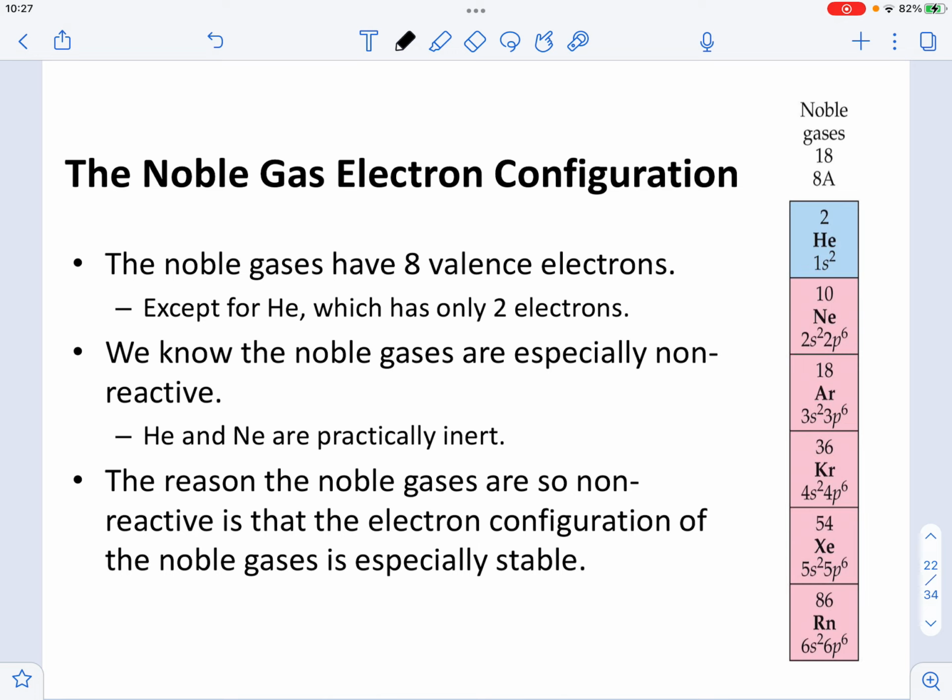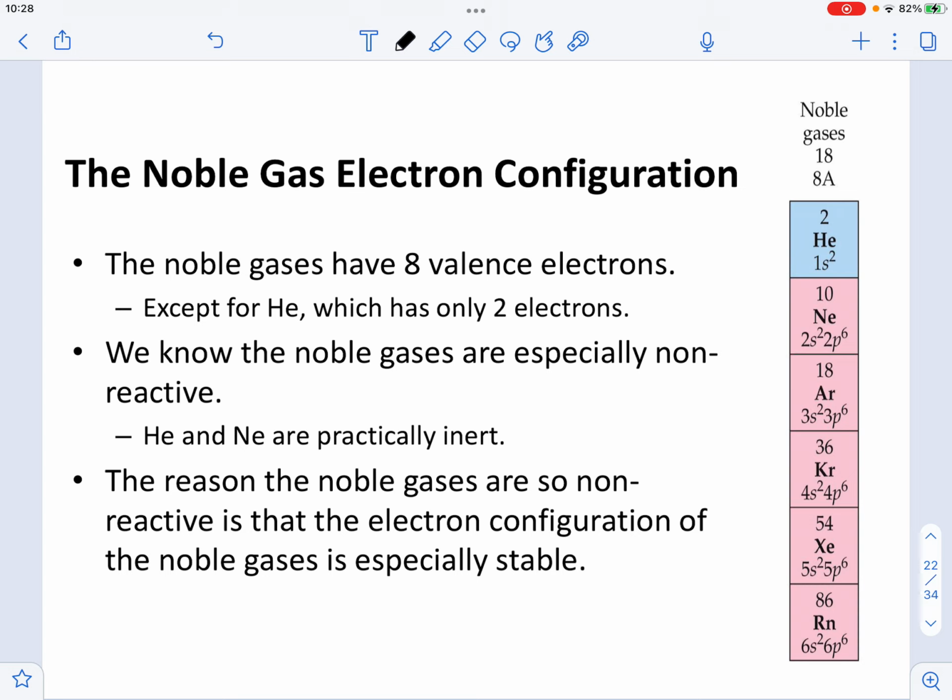Remember that helium, as you can see, is the only member of 8A that doesn't have 8 valence electrons. Having that property of a full valence shell is the reason why noble gases are so non-reactive. So as an atom, in order to reach that stability, you want to get to a place where you're not going to be as reactive.